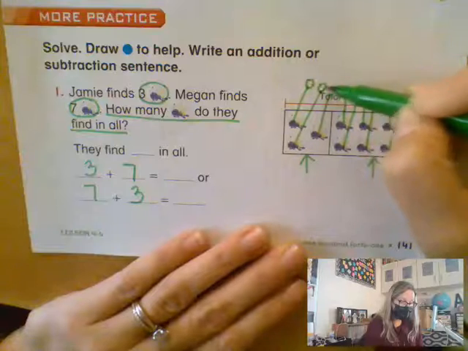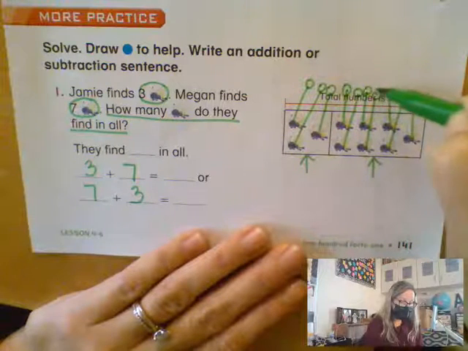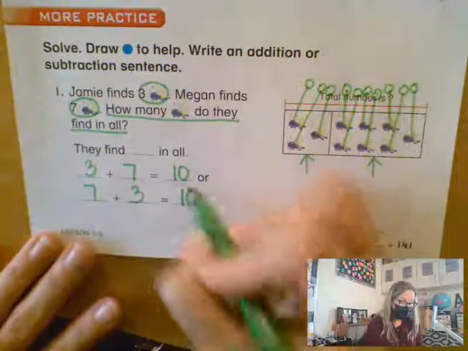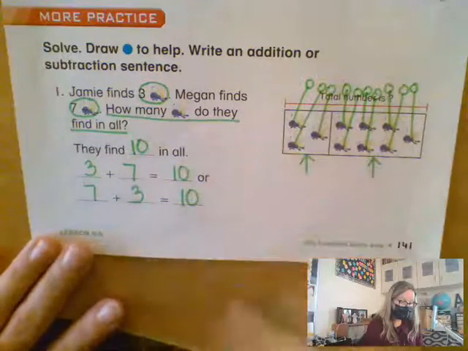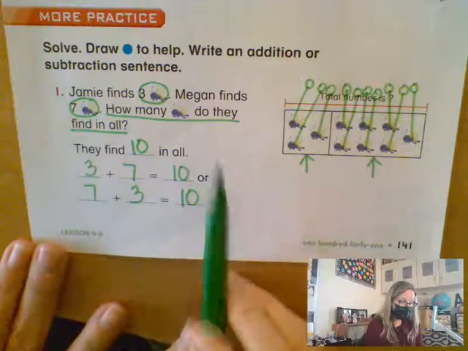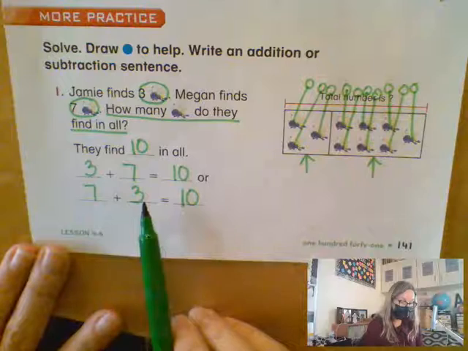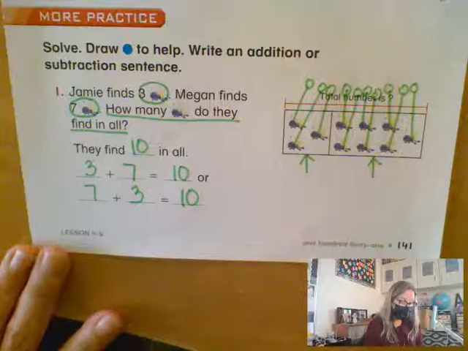So there are 10 lightning bugs all together. So you can fill in 10 on all 3 of those answer lines. They find 10 in all. Jamie's plus Megan's and Megan's plus Jamie's.